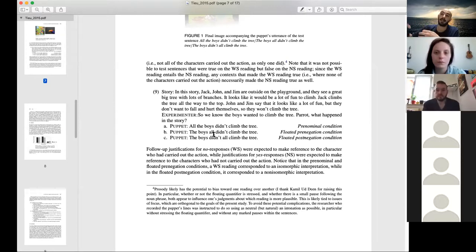Then these effects can be masked by other factors, which can switch the responses of participants, even though they're not grammatical in nature, right? So for instance, the order of presentation of items, intonation profiles, or even the way your visual context is created, right?